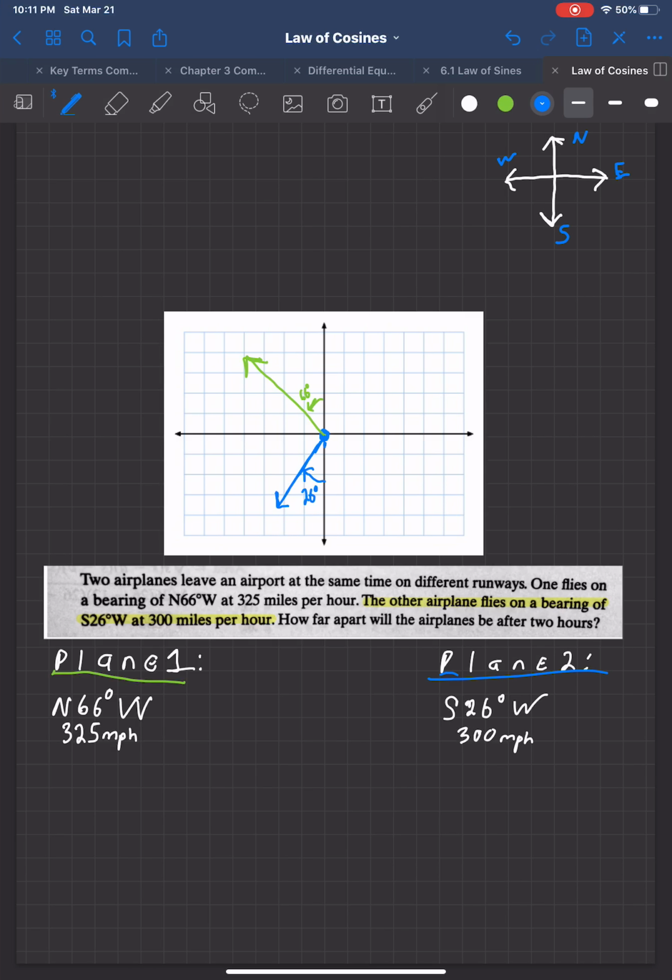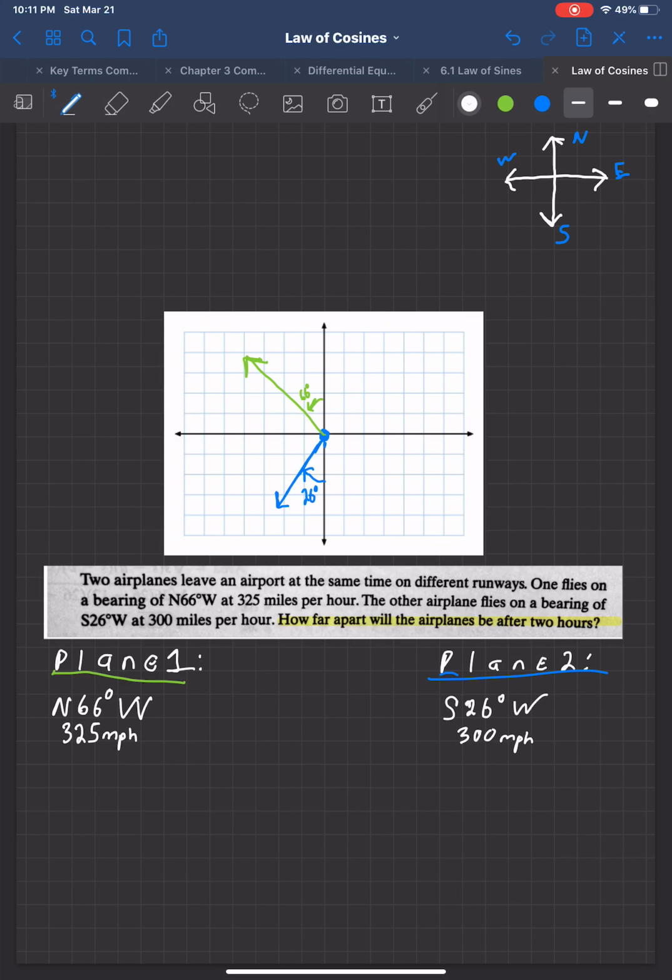All right, so now let's go back and talk a little bit about the velocity here, right? The question reads, last sentence, how far apart will the airplanes be after 2 hours?